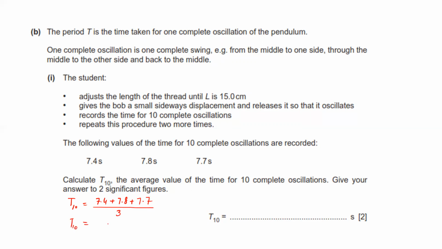So T10 comes out to be 7.6333 and so on seconds. For two significant figures, the answer will be 7.6 seconds. So the first significant figure is this, the second is this. But if they had asked us to give it to two decimal places, the answer would be 7.63 seconds.